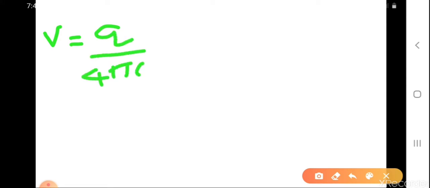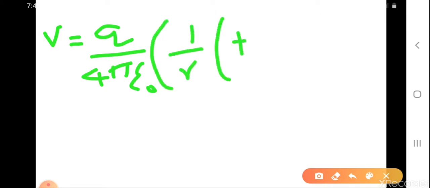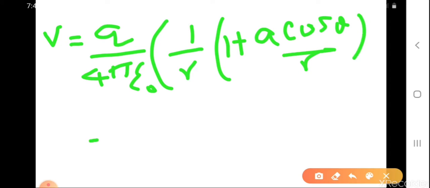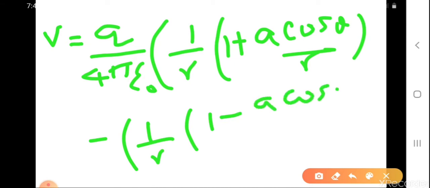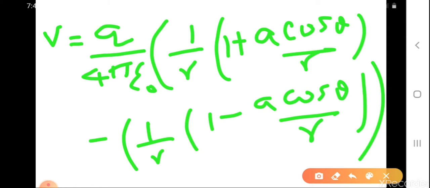So V is equal to Q by 4 pi epsilon naught, Q is constant, I can take out 4 pi epsilon naught, into 1 by R into 1 plus A cos theta by R minus 1 by R into 1 minus A cos theta by R. This is the total.